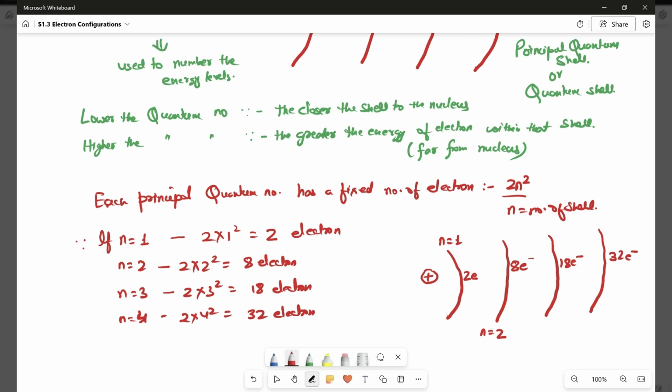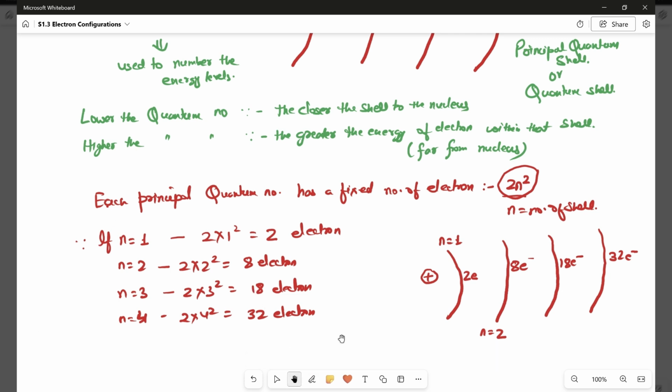So there is a pattern here, a mathematical relationship between the electrons and the number of the shell, given by the formula 2n square. These are examples of how you can find the number of electrons accommodated by a shell.